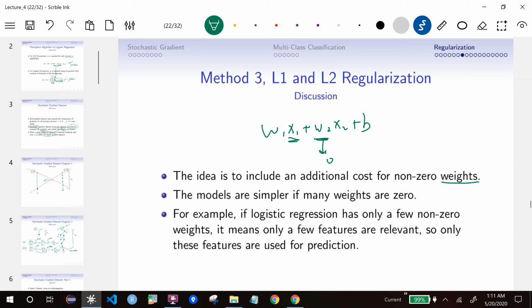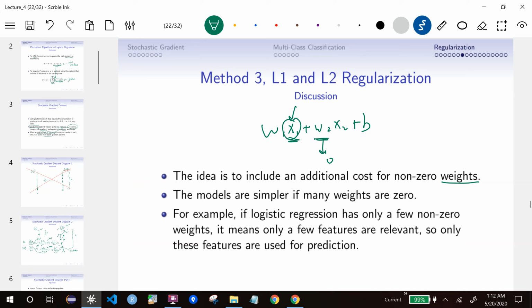So same for a neural network. If the weights are 0, then you don't have the weights, then the neural network structure is a bit simpler. So here, suppose we are talking about a logistic regression, it means only feature 1 is important, feature 2 is not important.